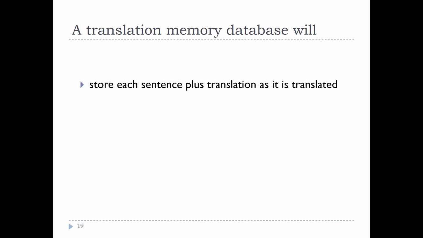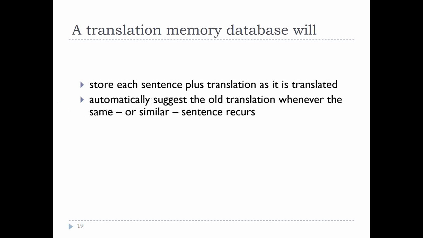So what it does, it stores each sentence plus its translation as it's translated. It goes without saying that it will only work with material that's available in an electronic format. It will automatically suggest the old translation where the same sentence or maybe a similar sentence recurs.